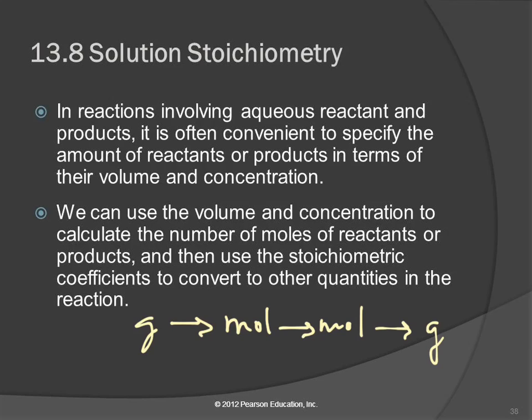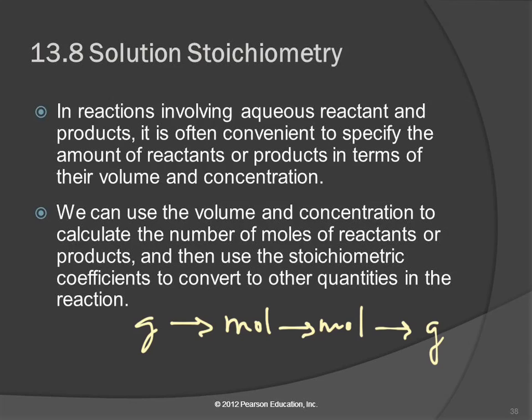Well, sometimes it's more convenient to think about concentrations and volumes instead of masses. So if you take two solutions where you know the volume and the concentration and you mix them together, then it would be hard if you were trying to use masses to do the stoichiometry.